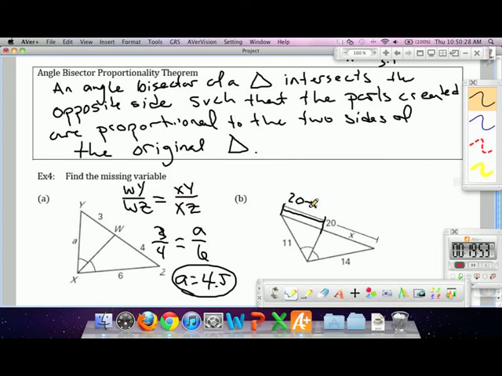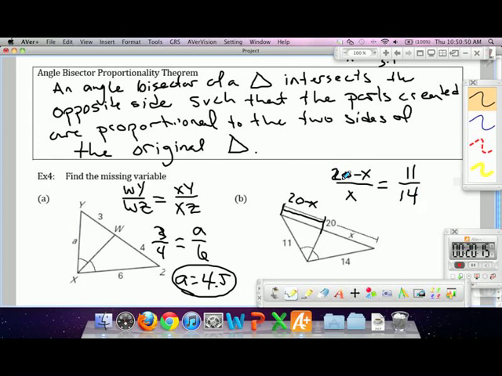So 20 minus x over x should be equal to what ratio? 11 over 14. And from there you could cross multiply and solve.